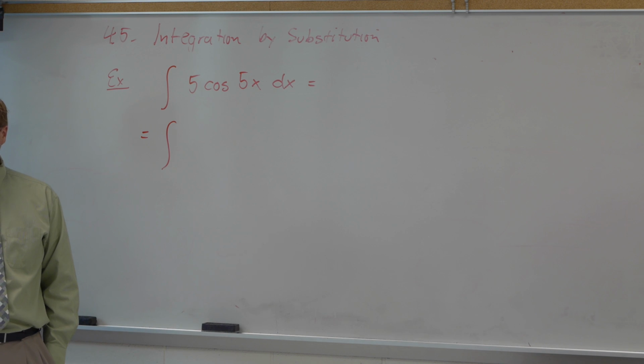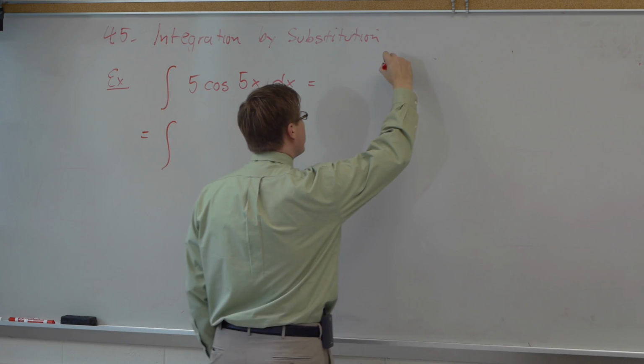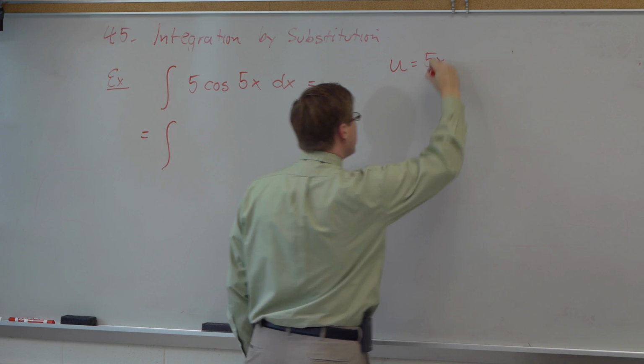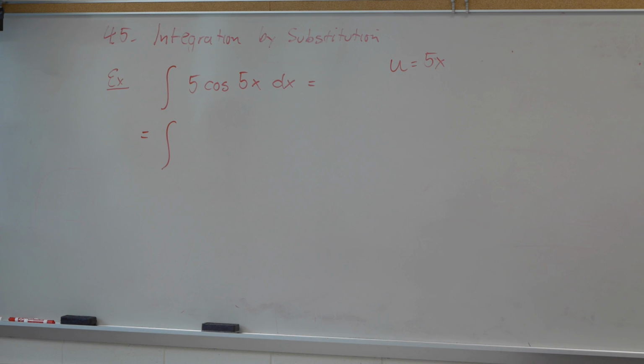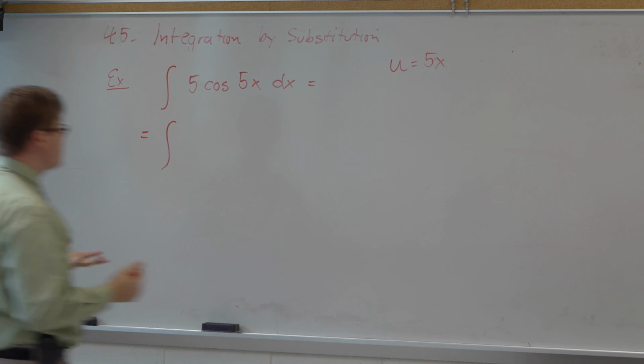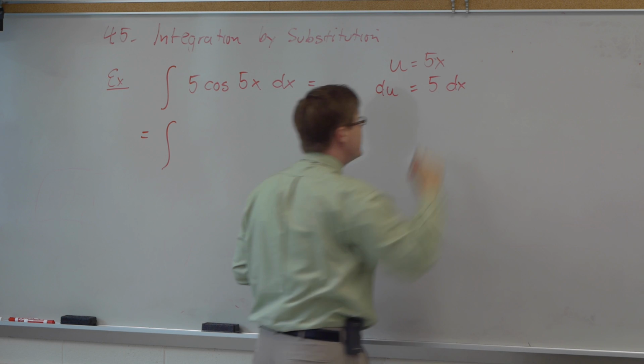What would be the right u for this problem? Just 5x, exactly. I don't want it to be cosine 5x because the derivative of cosine is sine, and I don't have a sine in this problem. So u is just 5x. That makes du 5 dx.